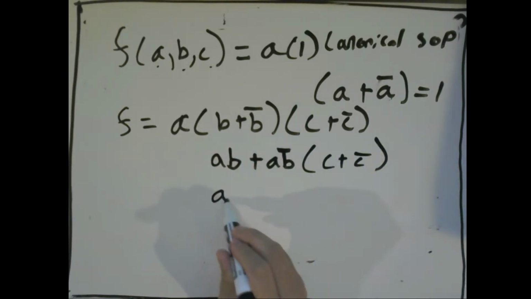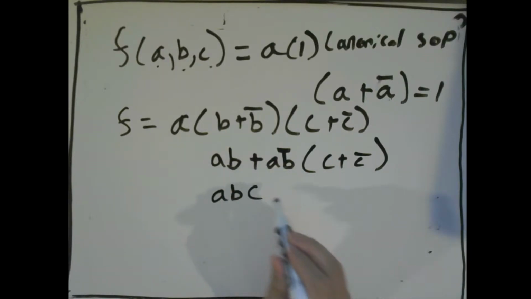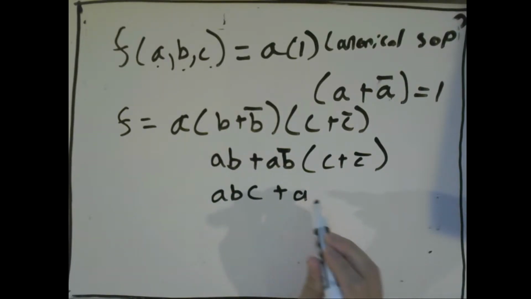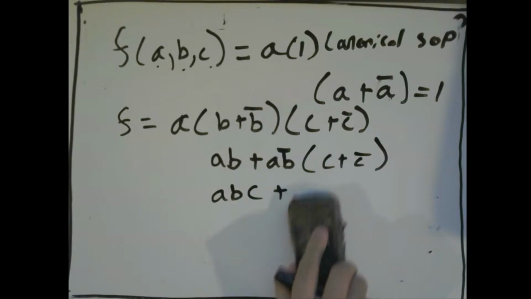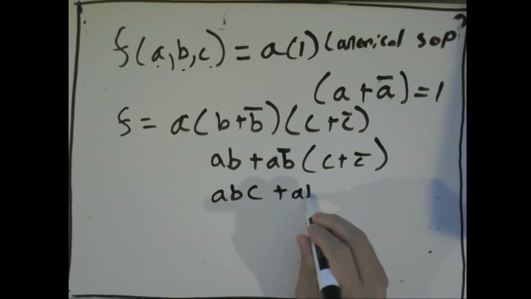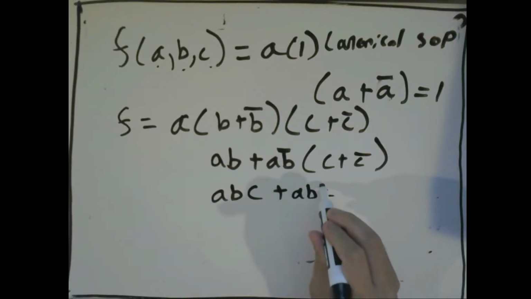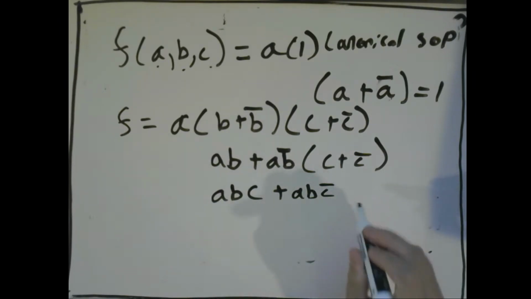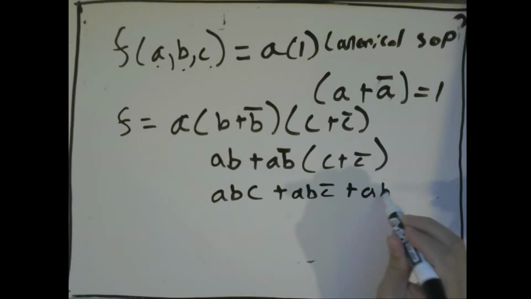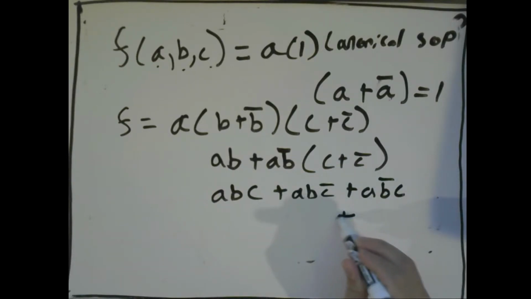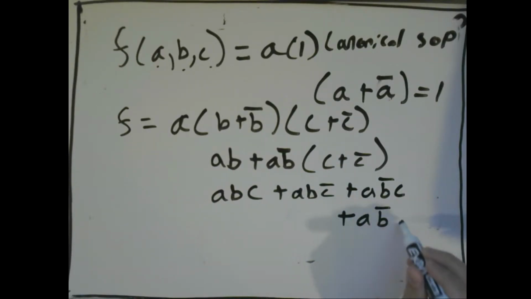Then I can distribute this again, and it becomes ABC plus AB C naught plus A B naught C plus A B naught C naught.